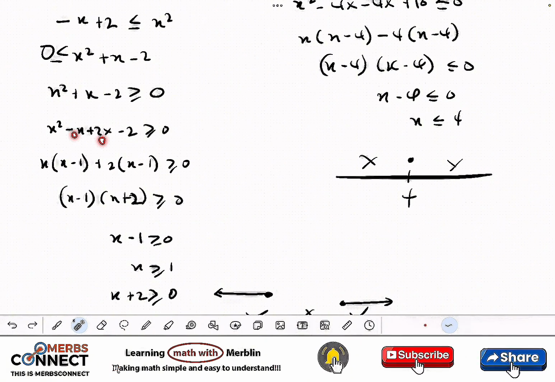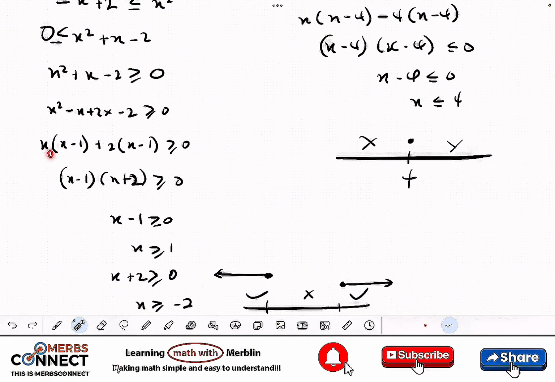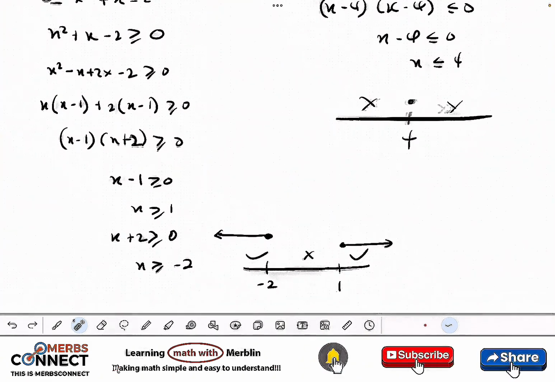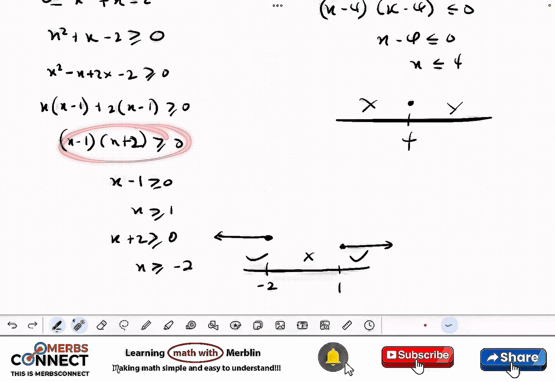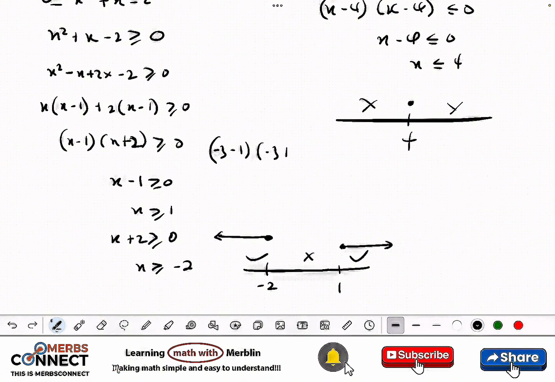So we had this one. Then we factored x out, x minus 1. We had this one to be this. So let me test it again from here. I don't know whether this one's supposed to be this. So I pick minus 3. Let me put minus 3 in from this side and see what we get. So minus 3 minus 1 times minus 3 plus 2 should be greater than or equal to 0.